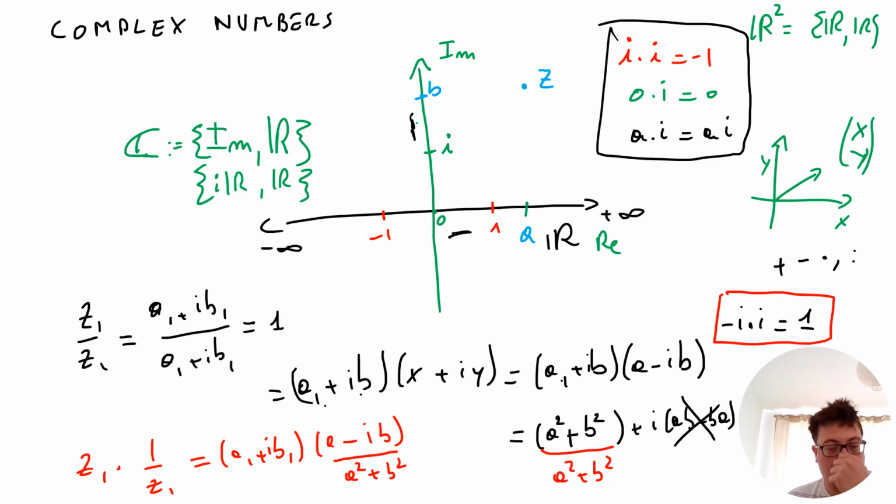Okay, so this number here, which is a bit complicated, is called the inverse number, and it's used to compute the division of complex numbers.